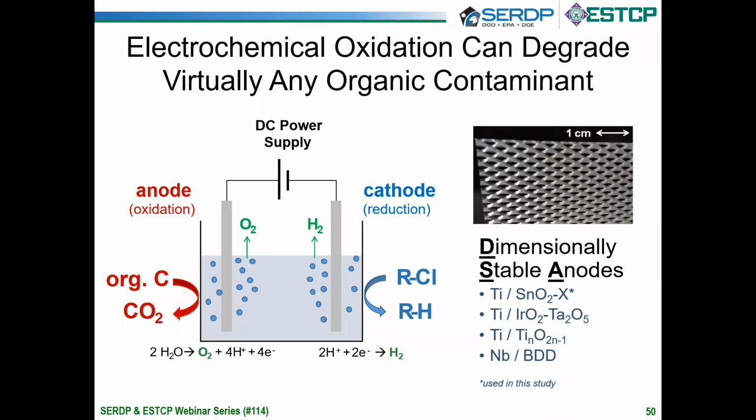And then what you can see here is a close-up of the electrodes that we're using. So we're not using sheet, stick, or plate electrodes. We're actually using mesh electrodes with small openings. And the reason for that is that we can use these to build permeable reactive barriers if passive in situ treatment is something that you're interested in.